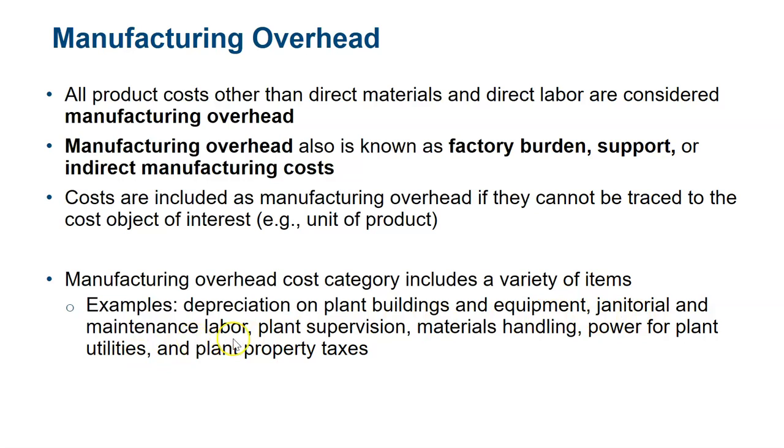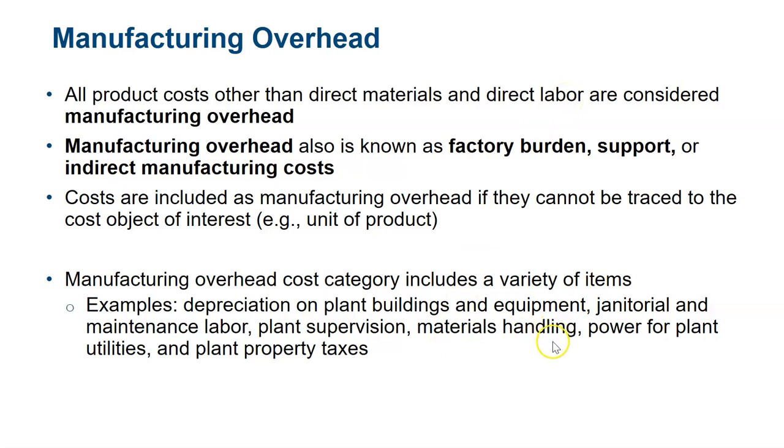Janitorial and maintenance labor. We would not incur these costs, right, if we weren't making the product. Now, if these individuals go over and they work in the administration building as well, see, we have to split up their salary or their wage. Plant supervision. So the guy that's actually on the assembly line is direct labor, but his boss is part of manufacturing overhead. The plant supervision, he's making sure that this guy up here is doing his job.